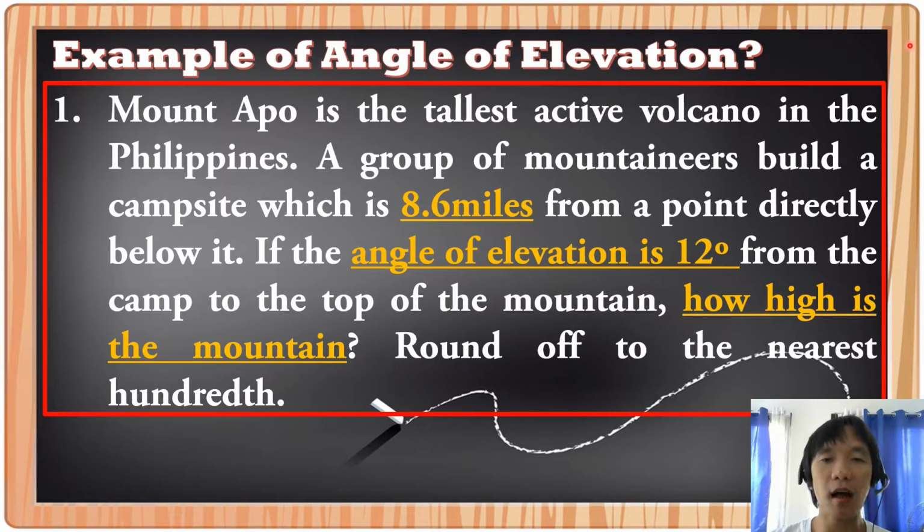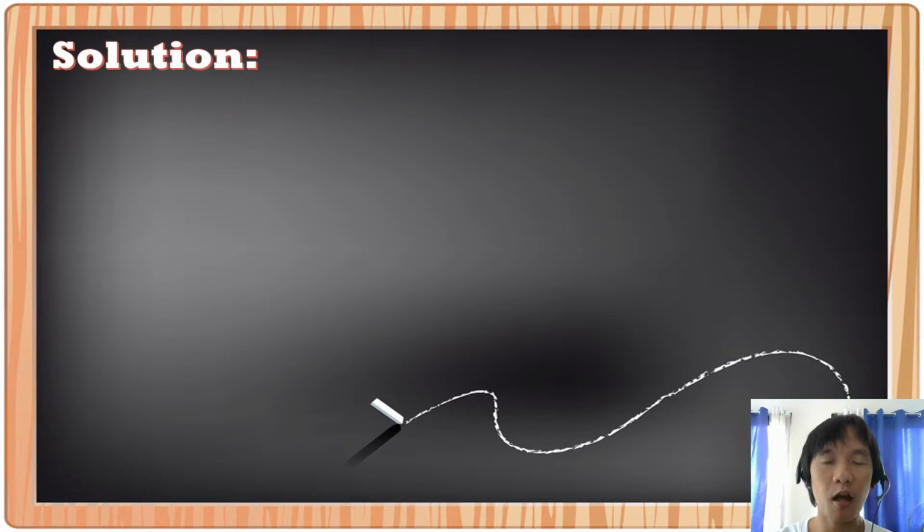If the angle of elevation is 12 degrees from the camp to the top of the mountain, how high is the mountain? Then round off your answer to the nearest 100. So here is our solution for our example number 1.